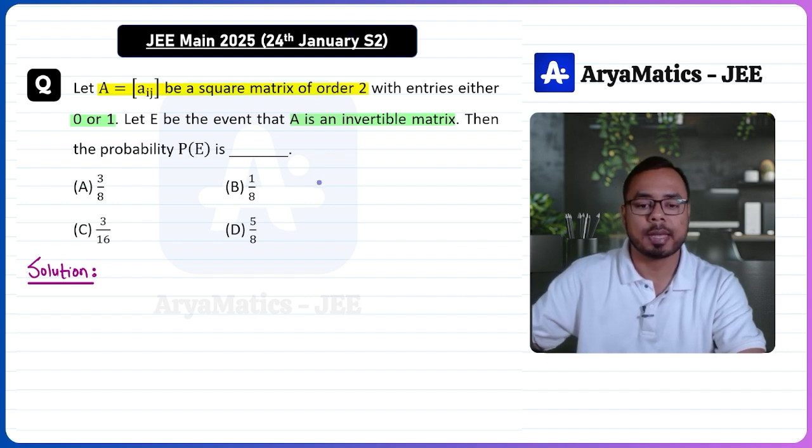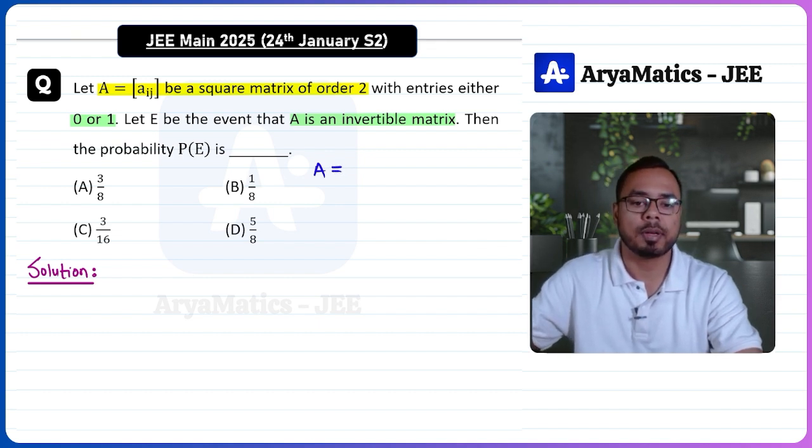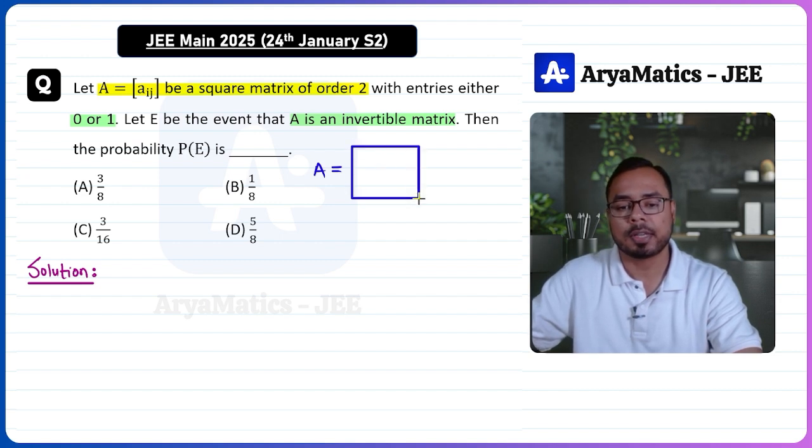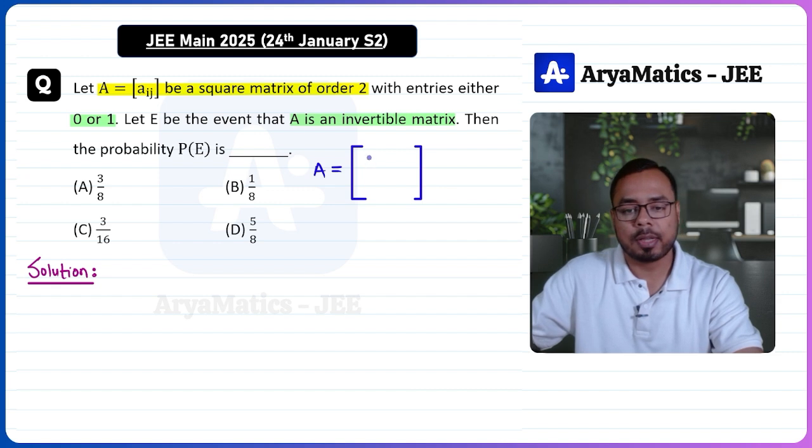So first let us find the sample space here. We have a 2 cross 2 matrix and the entries are either 0 or 1. So let us say we have a general 2 cross 2 matrix with entries A, B, C, D. First row is A and B and the second row is C, D. Now each entry is either 1 or 0.